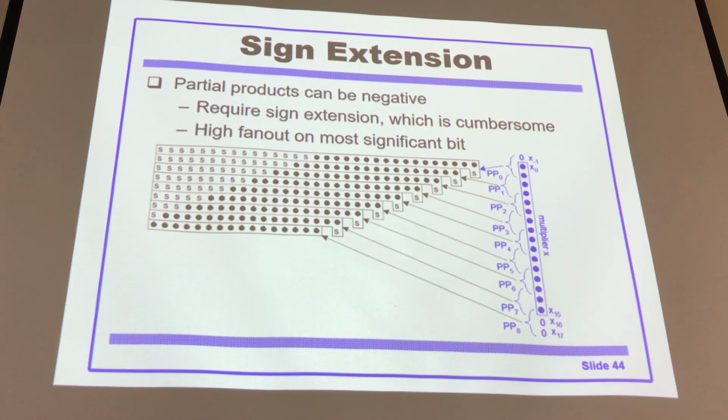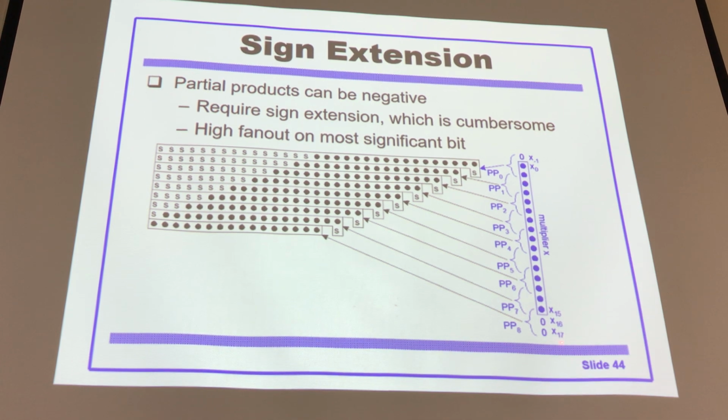So actually, that's going to be 9 partial products: 1, 2, 3, 4, 5, 6, 7, 8, 9. The last one is to complement the bit 1 here.